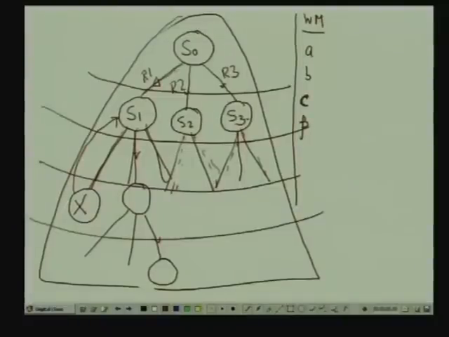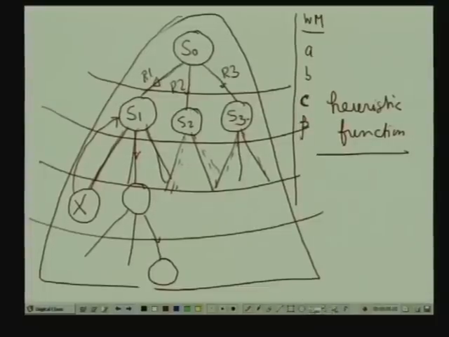In that case, probably at this level, I try to evaluate a heuristic function. What that heuristic function will be is very much dependent on my application, and based on the heuristic function, I can select a particular path.